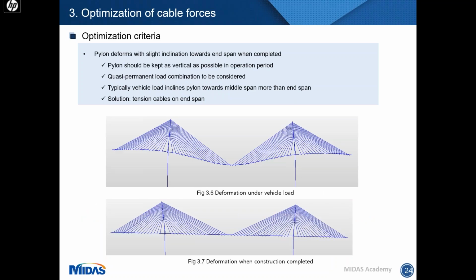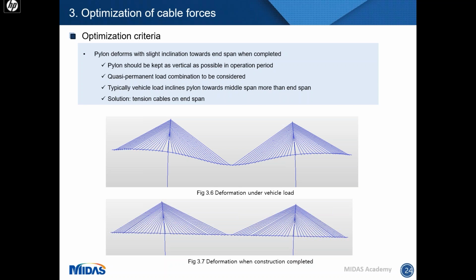The third criteria is about pylon deformation. To my understanding, I would like to keep the pylon vertical under the characteristic permanent load combination. We know the characteristic combination includes permanent load and also live load such as vehicle load.